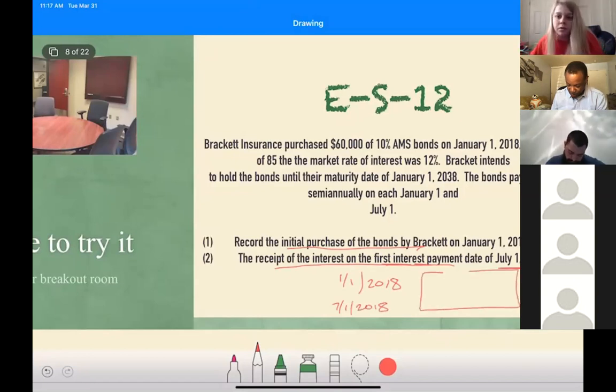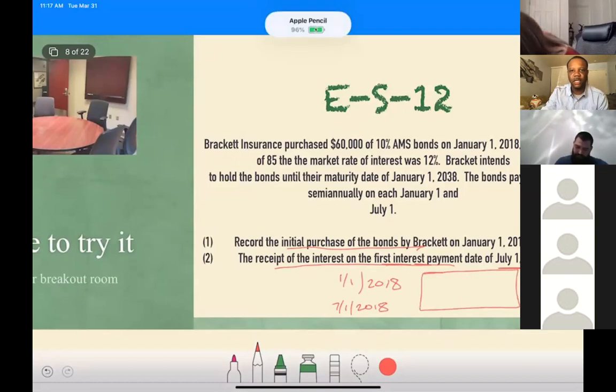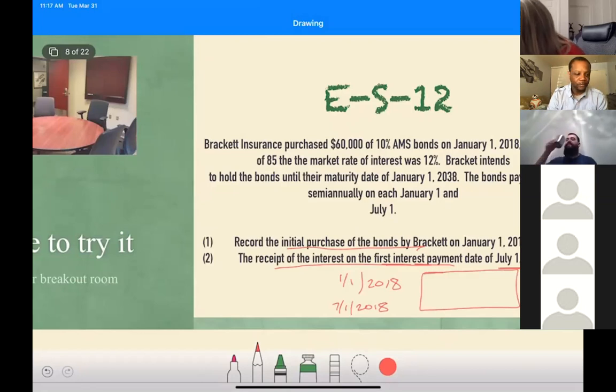Okay. I want to remind you guys, I'm going to put you in the breakout groups. This is also ES-12 in your books, if you have your books with you. There are 37 of you, so we'll go into like 8 different rooms. There's a whiteboard, so you can talk through it together.